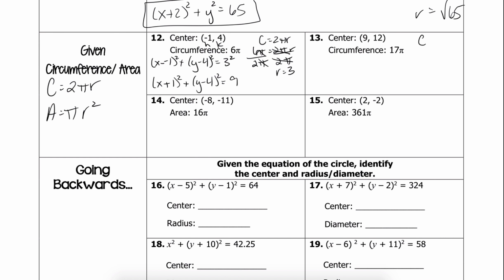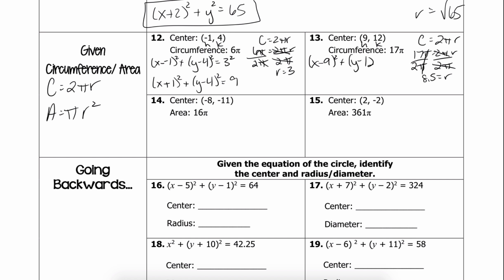Okay, same thing here. C equals 2 pi r. So here 17 pi equals 2 pi r. When I divide, it's okay that I'm going to get a decimal here. No big deal. This is 8.5 equals r. So here's my h, here's my k, x minus 9 squared plus 12, oh sorry, got to put the y first.